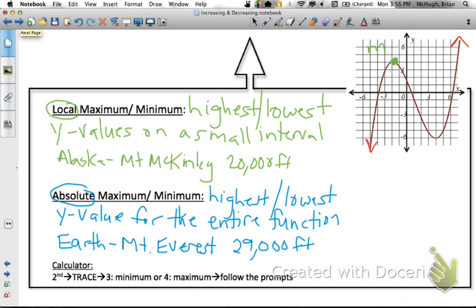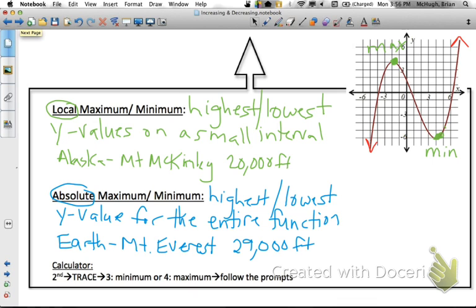That's a maximum point. You can see it's higher than all the points on either side of it. And this point down here is a minimum. That's the lowest point compared to points around it. Now the question is, are those local max and mins, or are they absolute max and mins?